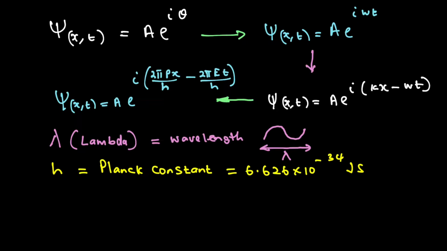We also use P, and P is what we call momentum, and that is mass times velocity. We've used E, and that is energy.